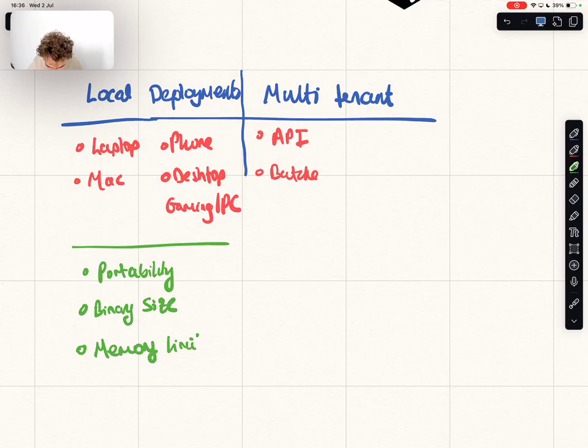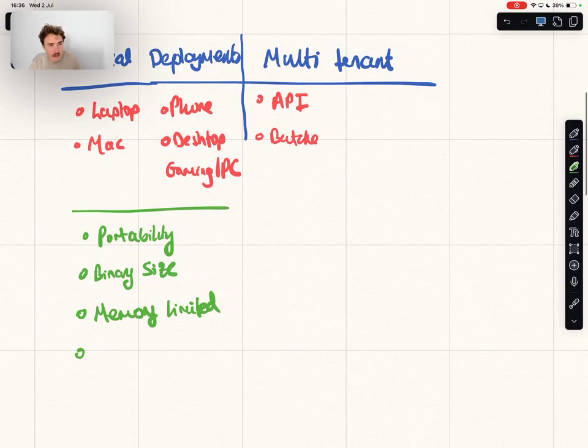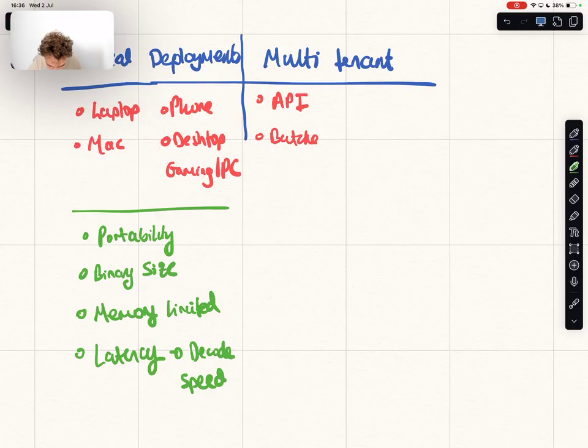You're often going to be on memory limited devices as well as compute limited devices. And you're not so interested in throughput. There's likely only one user using the system, but you care more about end-to-end latency, especially decoding speed, because this is what the user is going to see flashing across the screen. These are the things you care about in a local deployment.